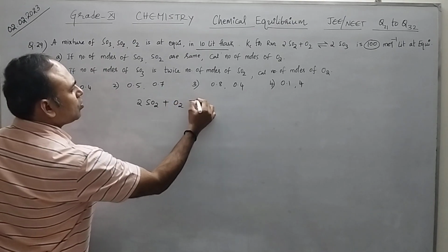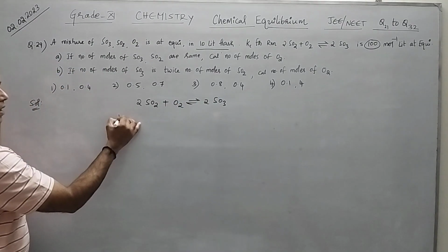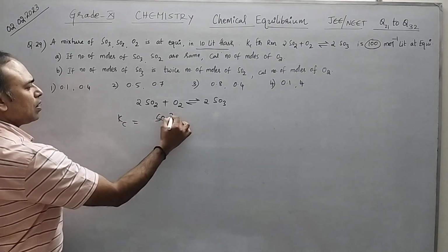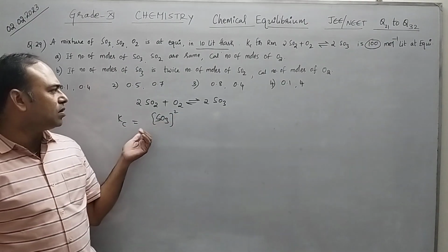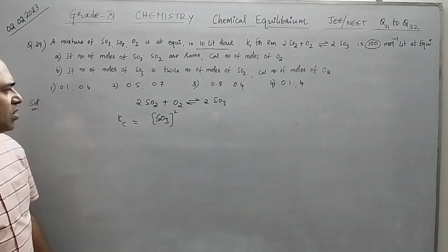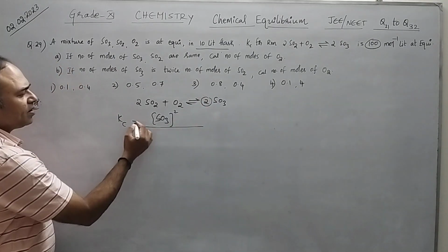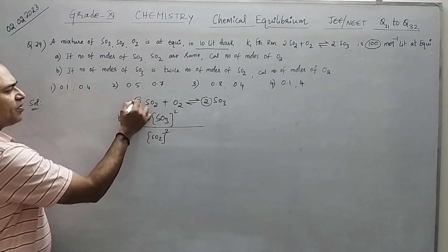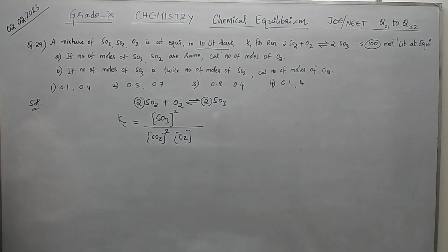Now write the equation. 2SO2 plus O2 gives 2SO3. And Kc, you know, is nothing but the concentration of products by the concentration of reactants. SO3 concentration square, because the coefficient is 2, divided by SO2 concentration square, because the coefficient is 2, and O2 is having 1, hence we write like this.